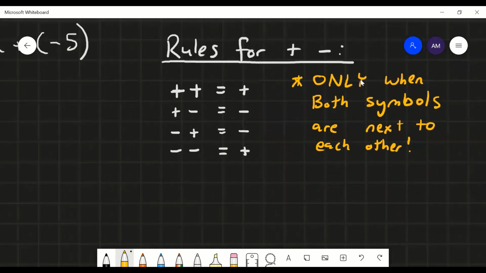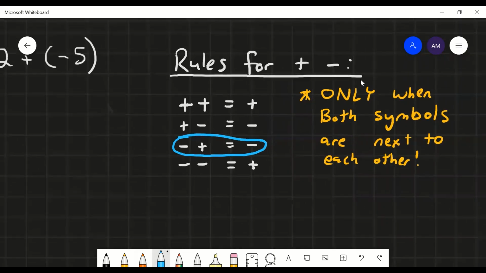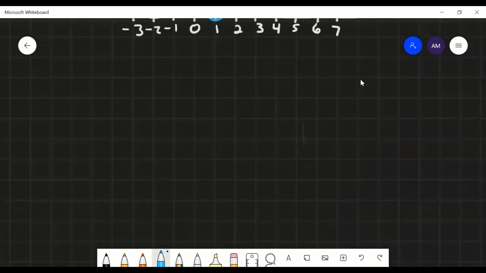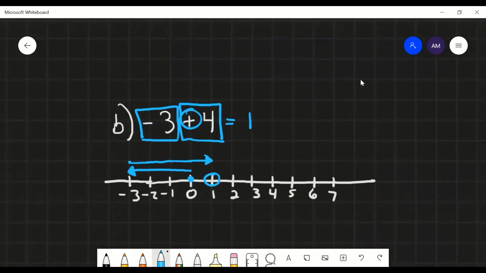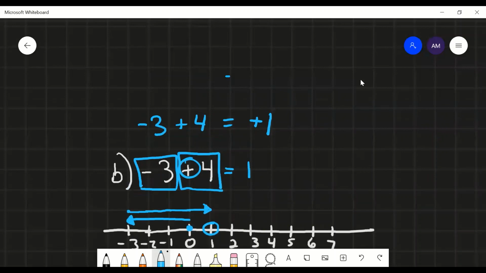Let's take a look here. So we said, for example, a minus and a plus makes a minus. If we look at our previous example, we had a minus and a plus. We had -3 plus 4, but our answer was a +1. So did that not just break the rules? Well, no, it didn't, because we never saw a minus plus.